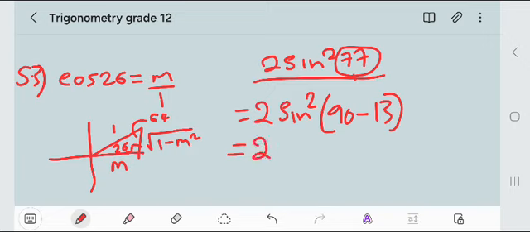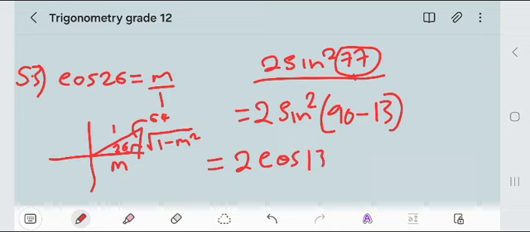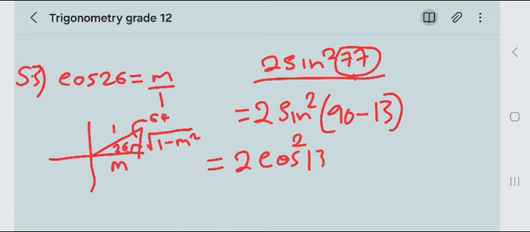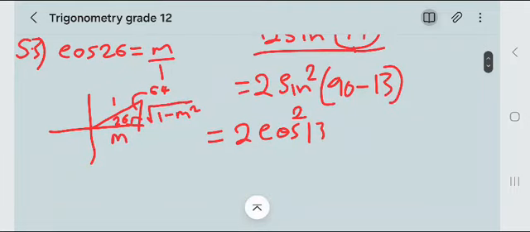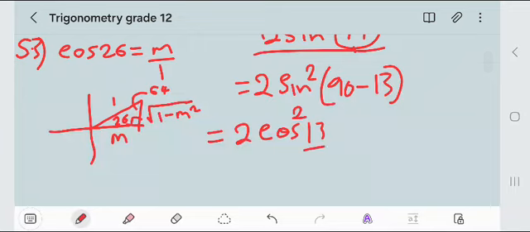So we will have 2, then the sine simply changes to become cos. We'll have 2 cos 13, but we have the square there. Do not forget that. I have 13, but in the question I have 26.